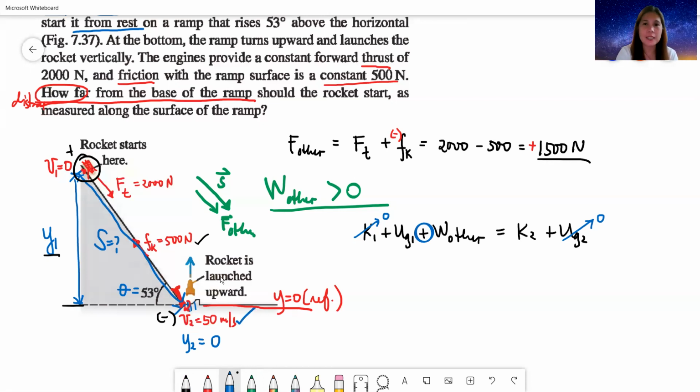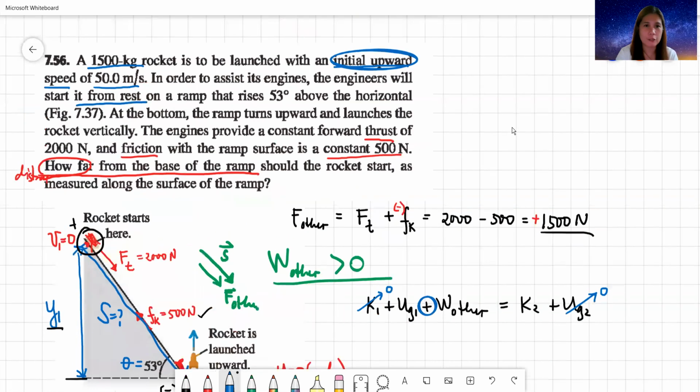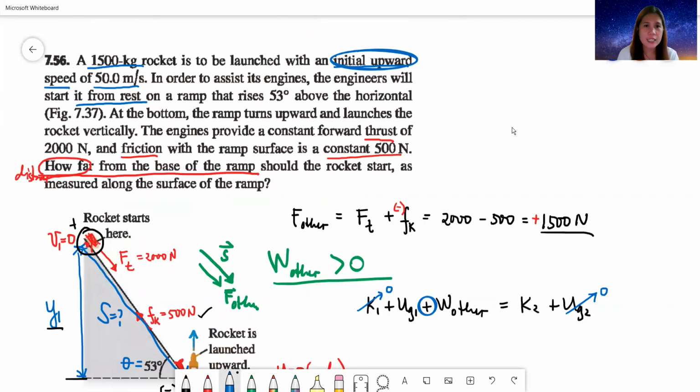That's what the problem says, if you see, to assist its engines. So, meaning, the energy due to gravity is added to by an additional source of energy, which is the work done by the engines of the rocket.